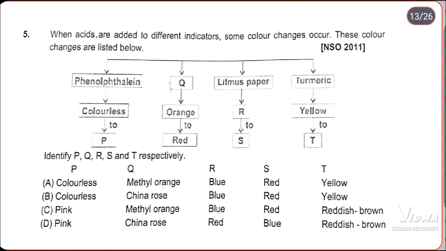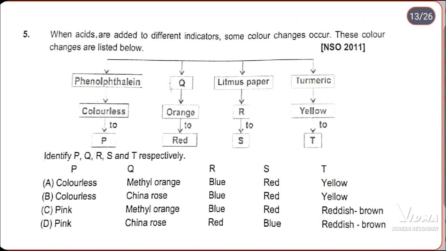Now some people will get confused that we have to tell the opposite one of it. If there is acid, we have to tell that of bases, but no. We have to add acid to all the indicators and then we have to tell the color of it. So when we add acid to phenolphthalein, the color changes to colorless.